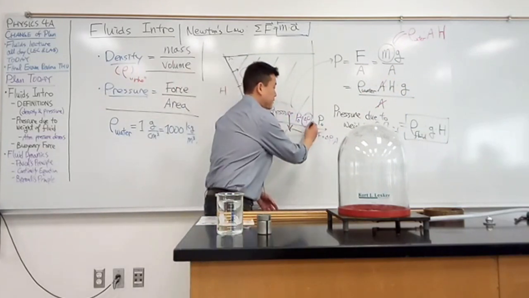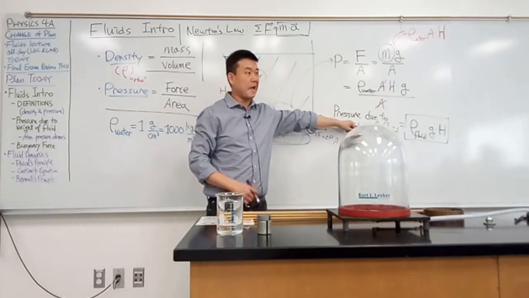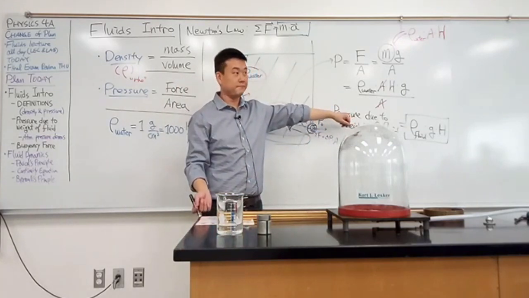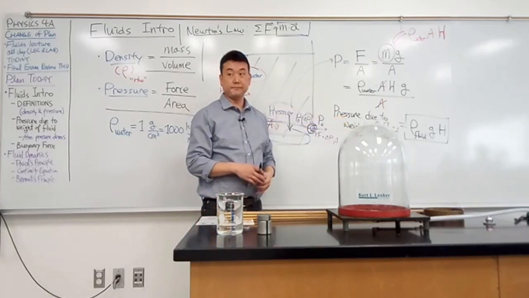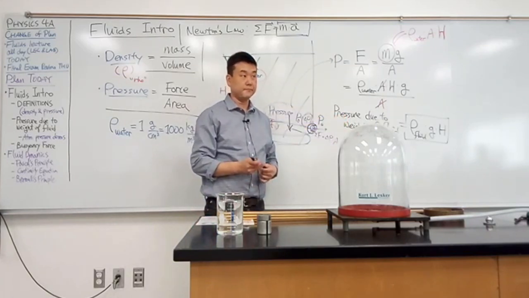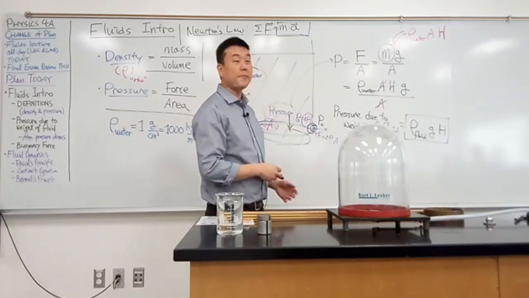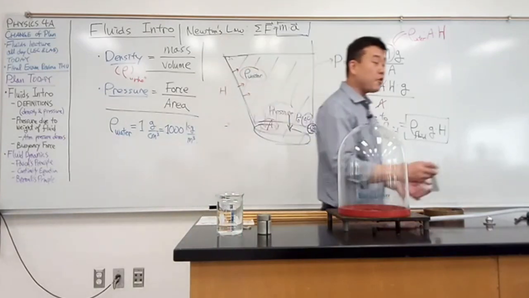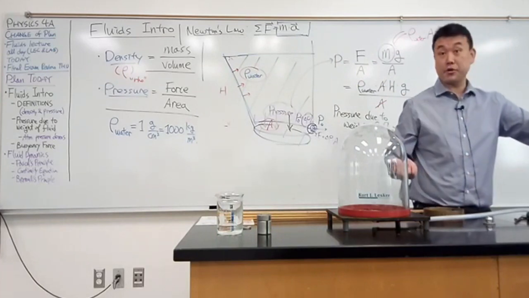But the force on this fluid element is going horizontal. How come? That's sort of where the opening is. With the force due to pressure, actually pressure is a scalar. Pressure is like temperature.